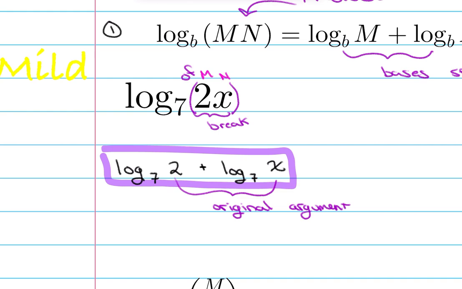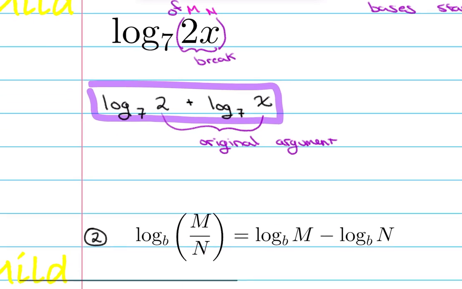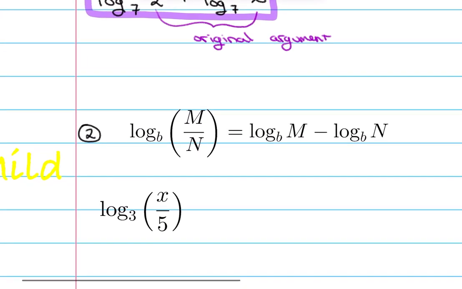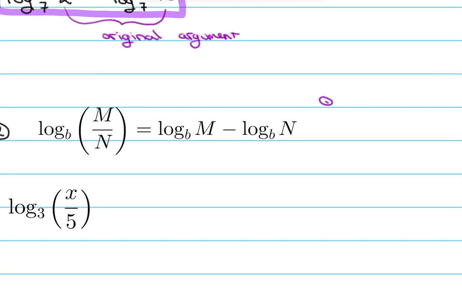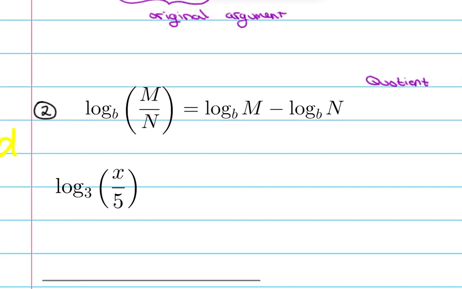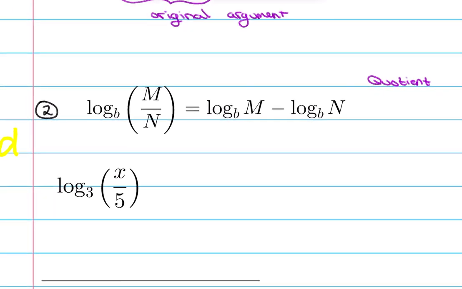So let's take a look at the next property. This is called the quotient property, so we will be dividing. You are going to have the log base b, again, it does not matter your base, of something divided by something else. That something could be numbers, variables, or a combination of the two.